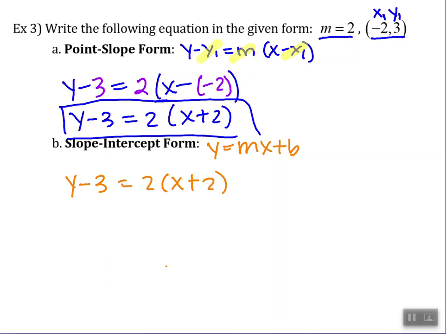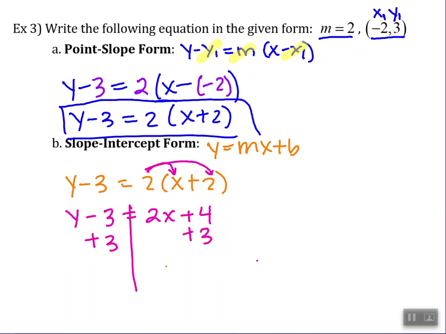I want to get rid of my parentheses, so I'm going to distribute the 2 to both terms. y minus 3 is equal to 2x plus 4. I don't want to have this minus 3 here, so I'm going to add 3 to both sides. And y equals 2x plus 7.